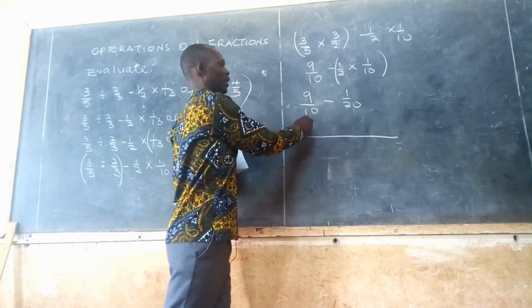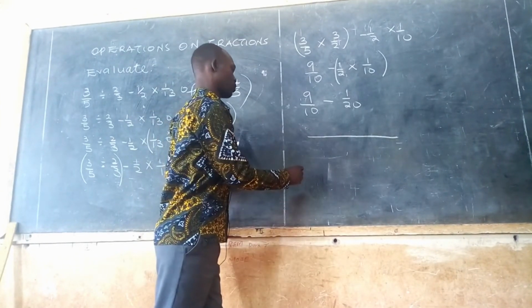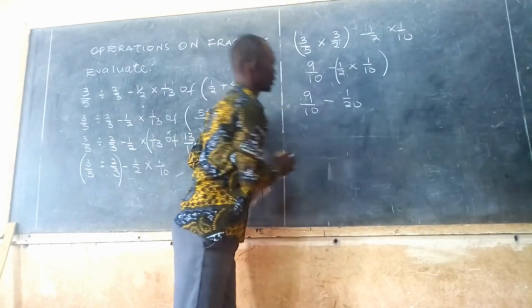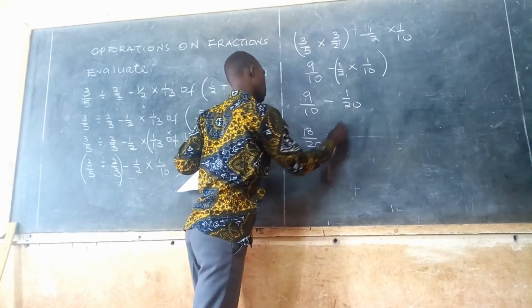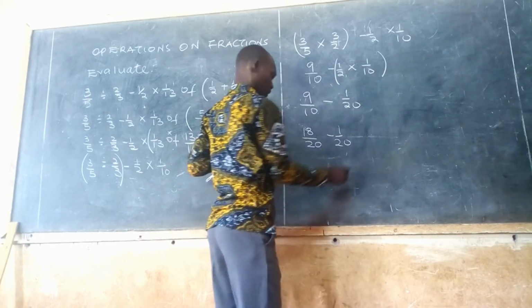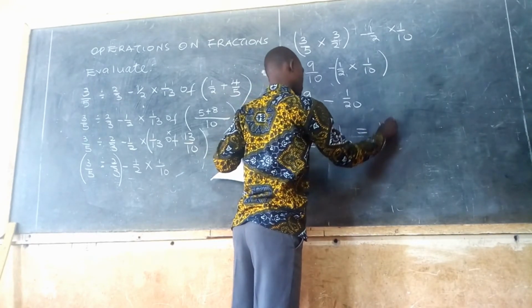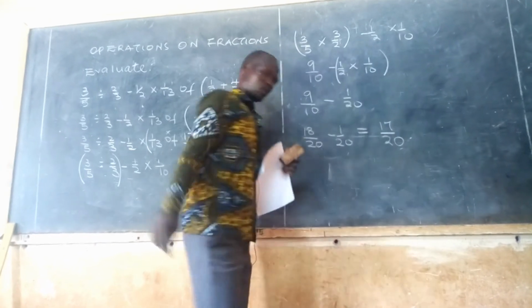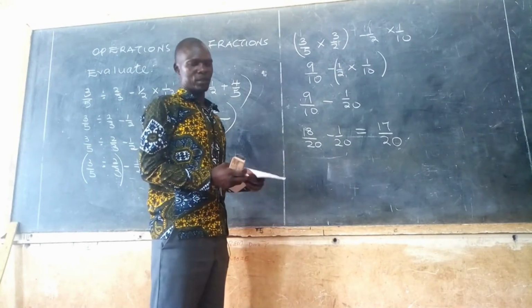I'll multiply up and down by 2. So that will give me 18 over 20 minus 1 over 20. And finally, what do I have? 17 over 20 as my final answer. So that is how I will work that particular one.